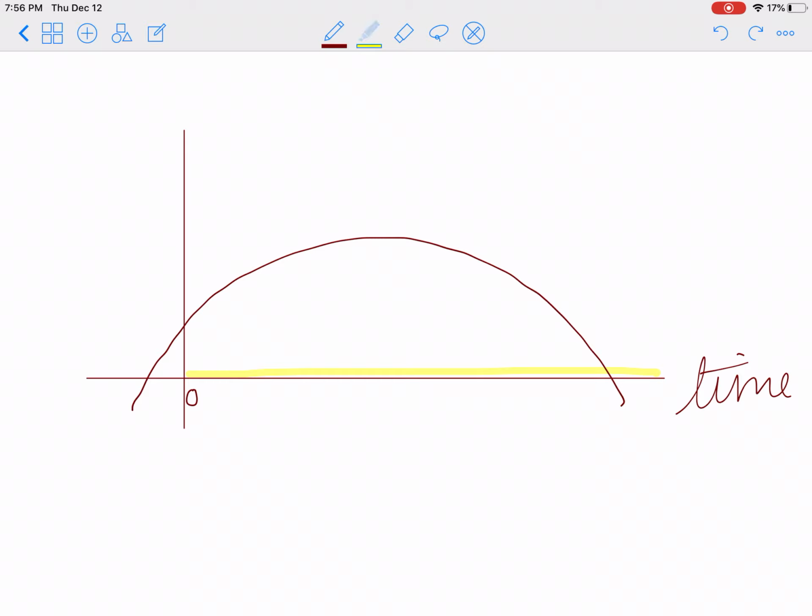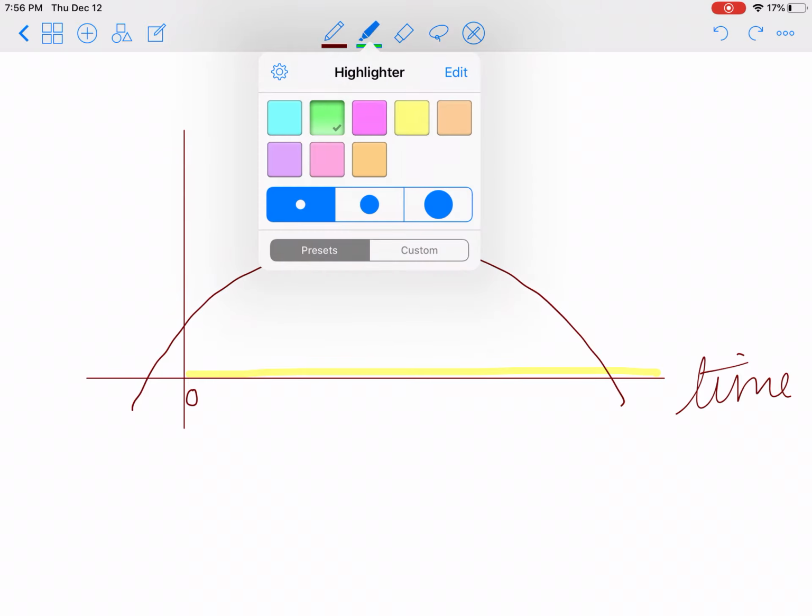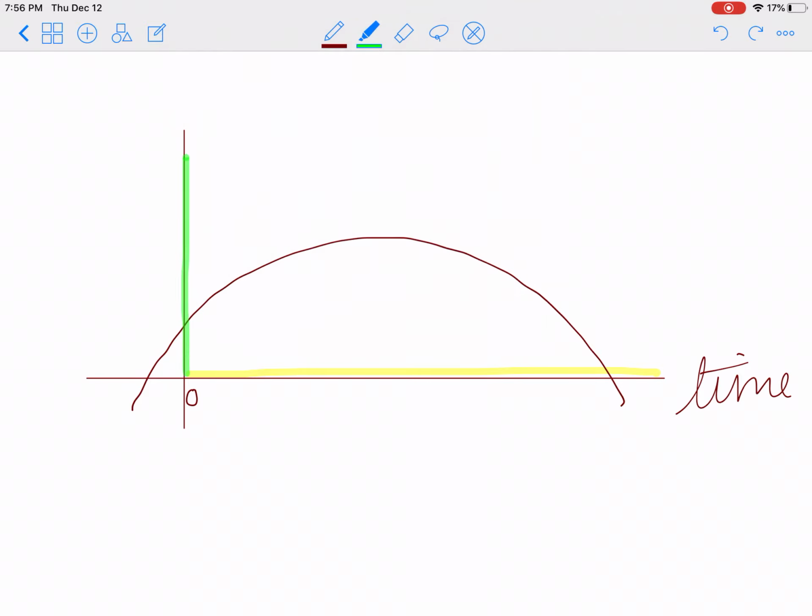And then we'll say that the vertical axis represents height. This isn't how all quadratic story problems behave, but a lot of them do.